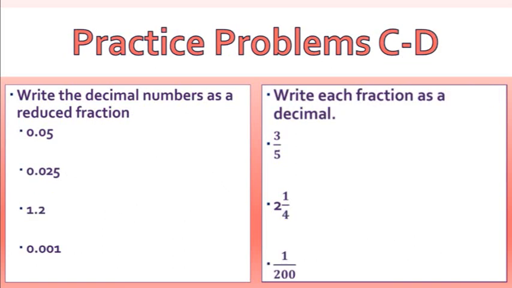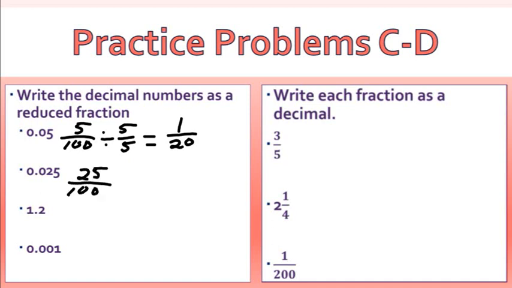Next one, write these decimal numbers as a reduced fraction. So this is 5/100. I can reduce that by dividing by 5/5, which would give us 1/20. 25 thousandths would be 25 over 1,000. And we can reduce this by 5 first.